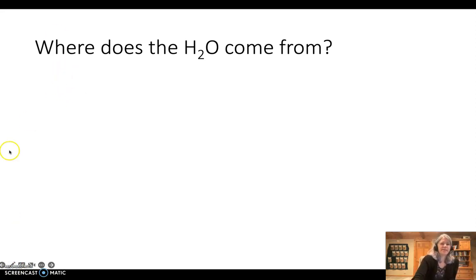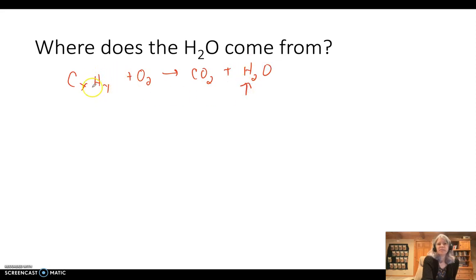So if we have our unknown compound, which is a hydrocarbon, reacted with oxygen, and we're getting carbon dioxide and water, the water is coming from the hydrogen in the hydrocarbon combining with the oxygen that we have.